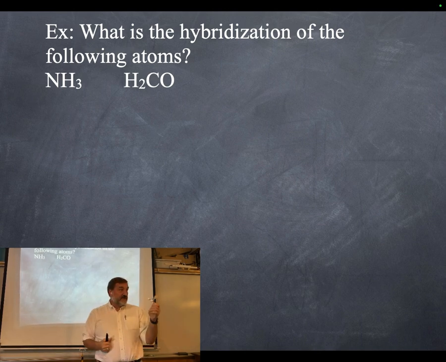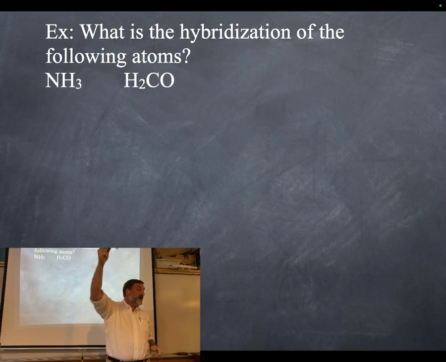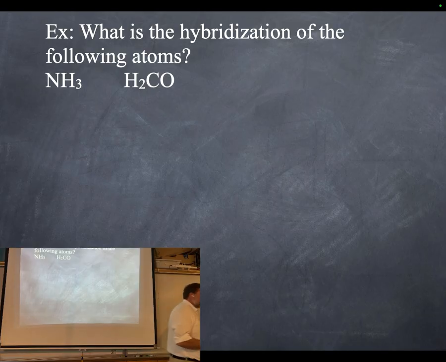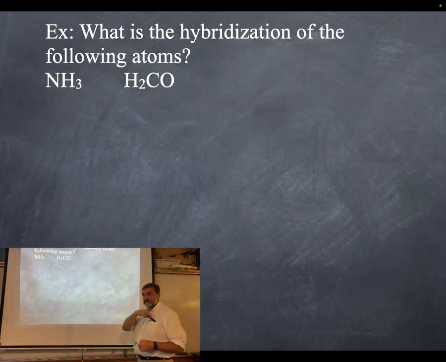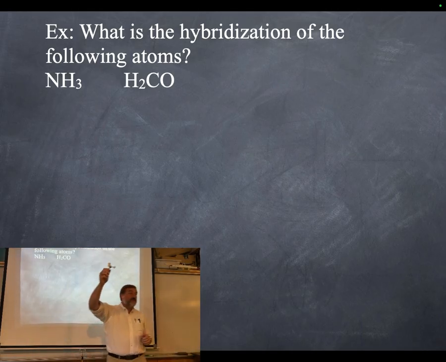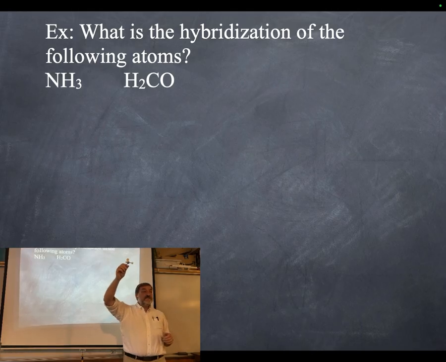The electron geometry is what? Take a sec. Think about it. Don't say anything. What electron geometry does NH3 have? Check with your neighbor. So electron geometry means I don't care if it's a bond or a non-bonding pair.